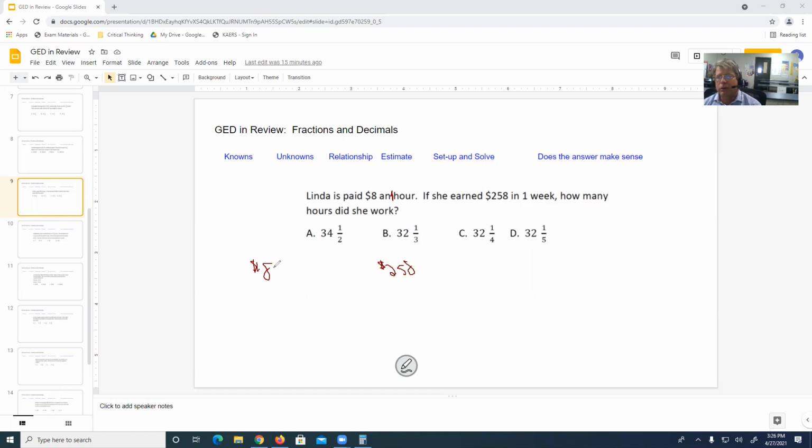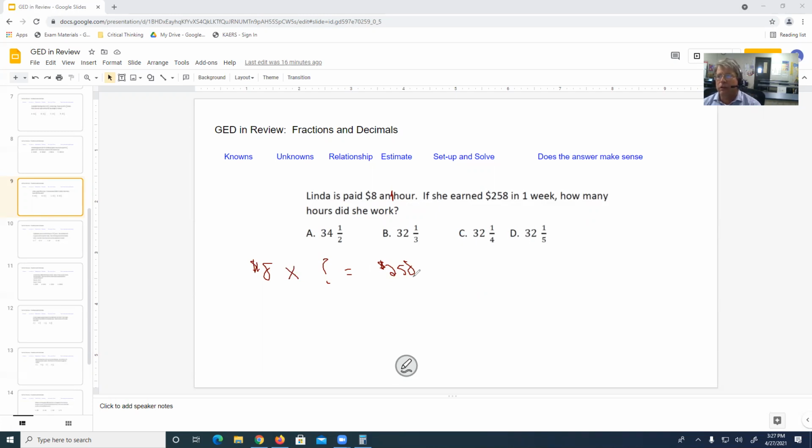The relationship, though, is what you get paid per hour. If you multiply that by the number of hours you work, that's going to give you your total pay. So the relationship comes together as, your hourly pay times the number of hours you work gives you that 258. So, 8 times something must give me this 258.